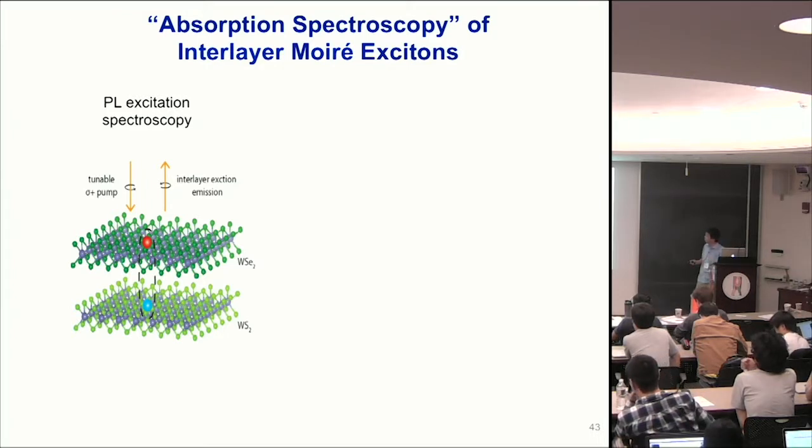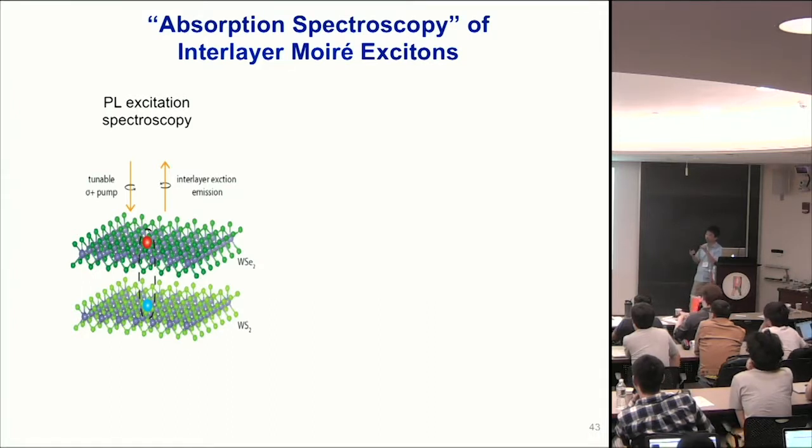For example, one method we use is so-called photoluminescence excitation spectroscopy. What we do here is, we know we can observe photoluminescence, and we monitor the photoluminescence intensity as a function of excitation photon energy. So if the incident photon energy is absorbed, then you will be able to see some photoluminescence intensity.